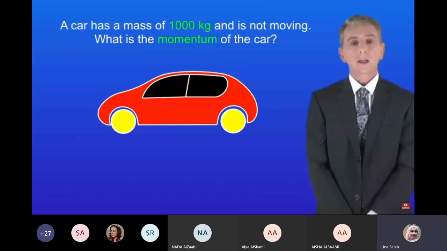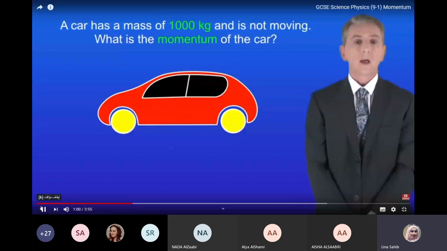Okay, let us solve this example together. A car has a mass of 1,000 kilogram and it's not moving. What is the momentum of the car? Who has an answer?